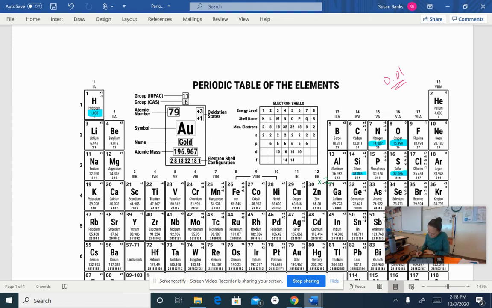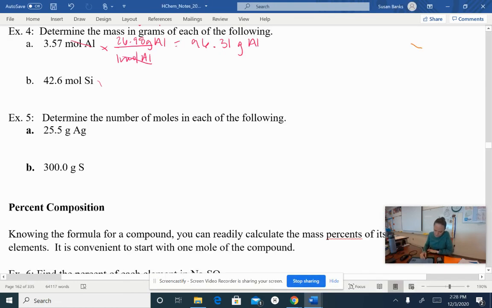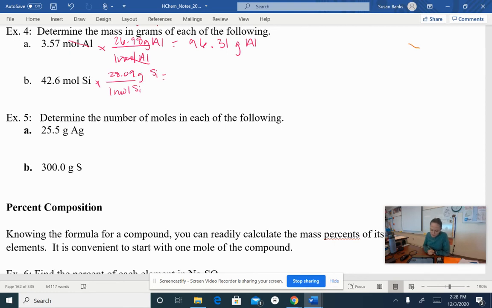Okay. So in 1 mole of silicon, I have 28.09 grams of silicon. Okay. So I'm going to take 42.6 and I'm going to multiply it by 28.09.